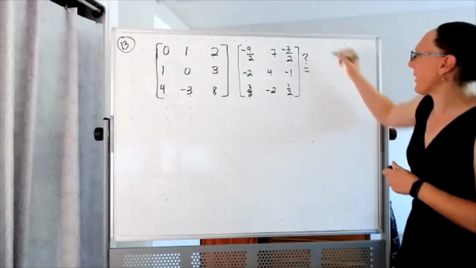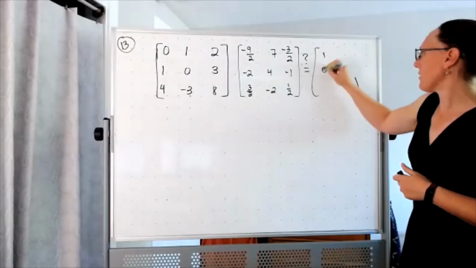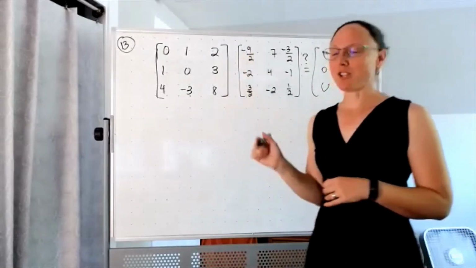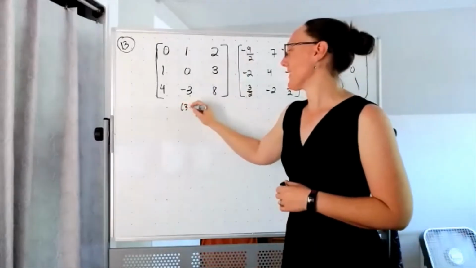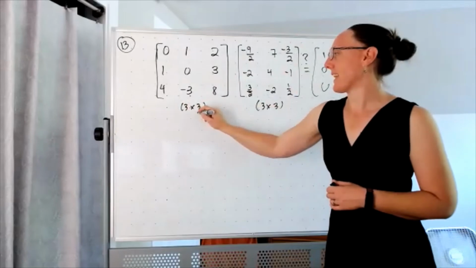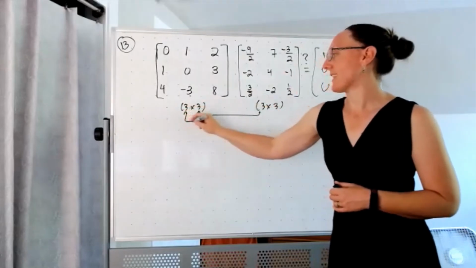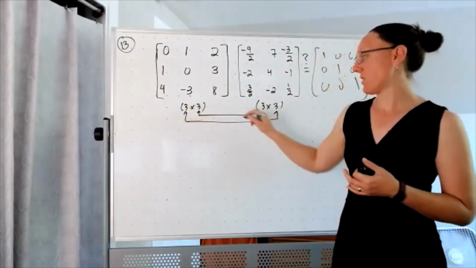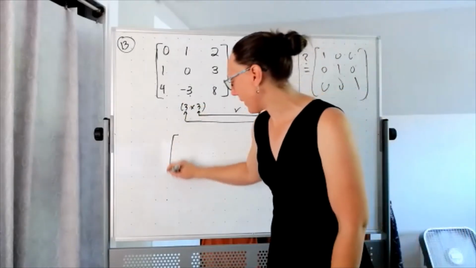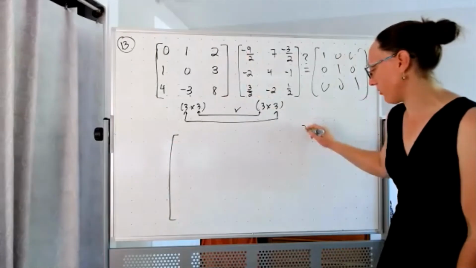Oh, I guess I could have left that there. 1, 1, 1, 0, 0, 0, 0, 0, all the zeros. Okay, so if we go to do the matrix multiplication here, this is a 3 by 3 times another 3 by 3. The insides match. The outsides tell me that my final result should be a 3 by 3 matrix. So I'm going to give us a nice big 3 by 3 matrix to work with.